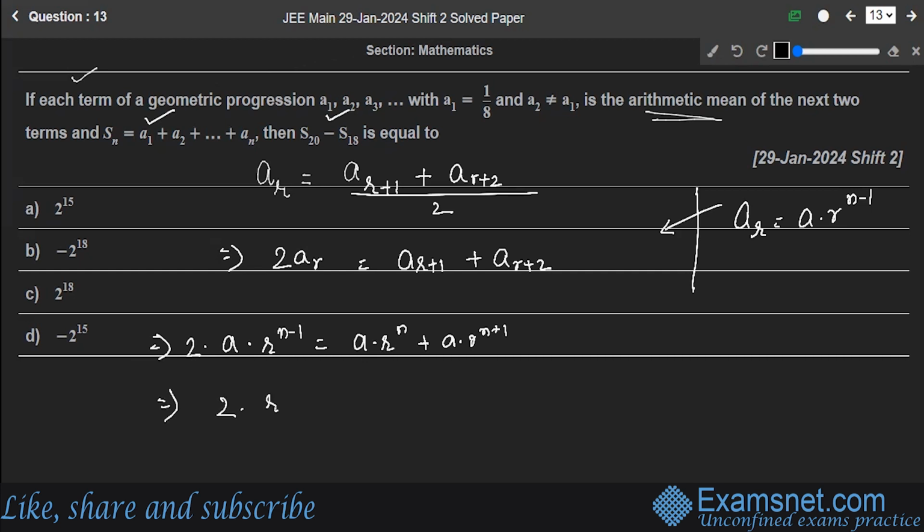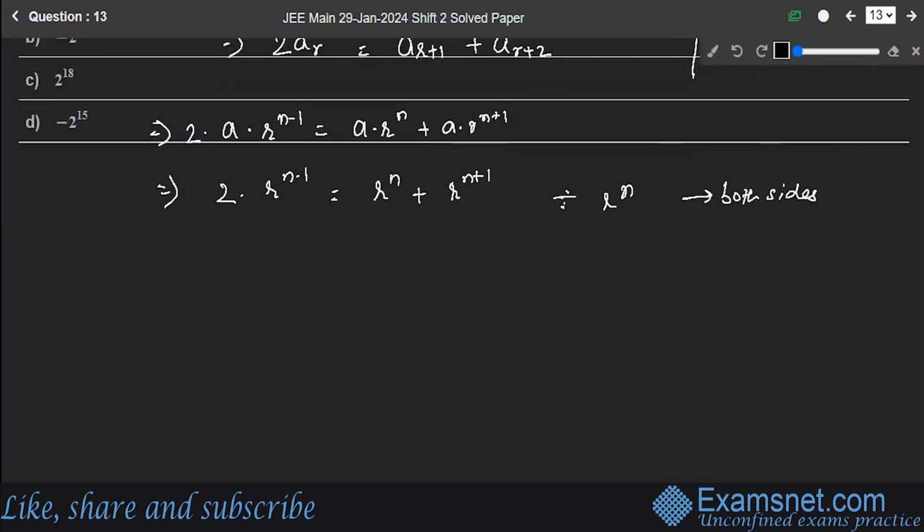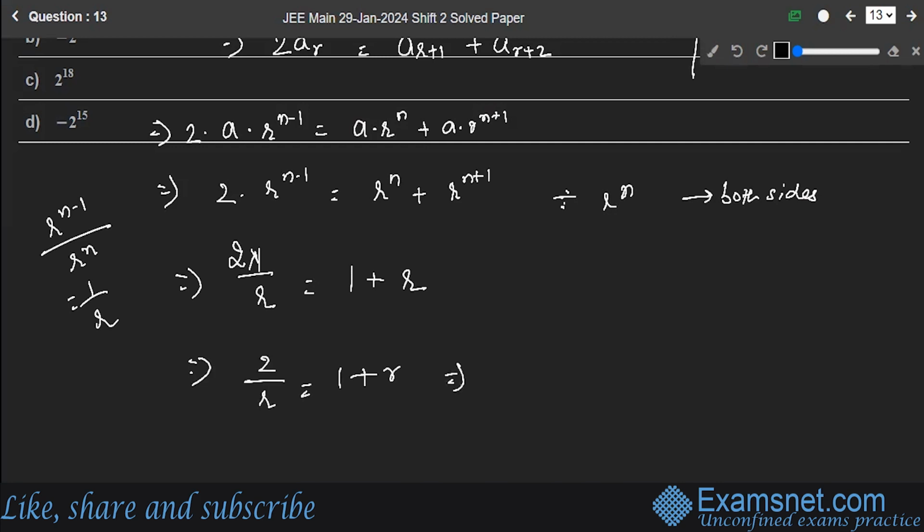You have 2 into R power n minus 1 equals R power n plus R power n plus 1, dividing both sides by R power n. If I divide both the sides by this, you will have 1 by R, right? Because R power n minus 1 upon R power n will give me 1 upon R. And this will be 1 and here will be R. Here was 2. So let's write it again. You have 2 by R is equal to 1 plus R. Multiplying both sides by R, you have 2 is equal to R plus R square, or R square plus R minus 2 is equal to 0. We got a quadratic equation.